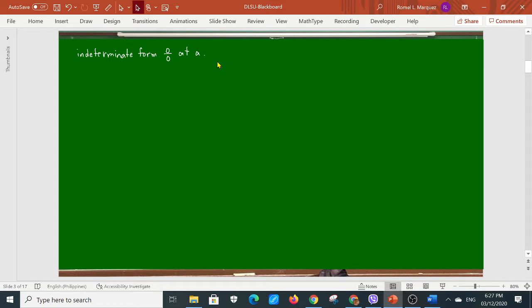So again, this is just one case of indeterminate form. Actually, we have infinity over infinity, 0 to the 0, 1 to the infinity, and infinity minus infinity. Those are other possible indeterminate forms. But for the meantime, this is what we are going to have. Okay?